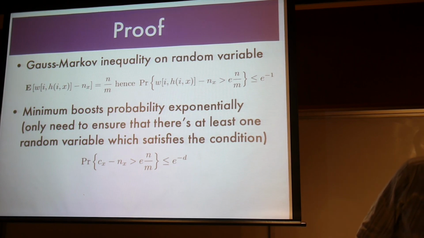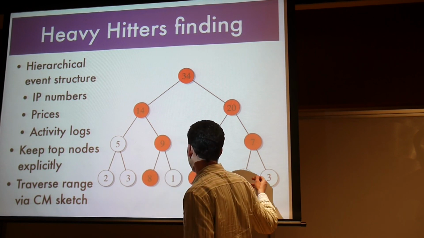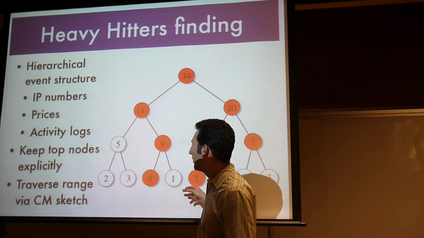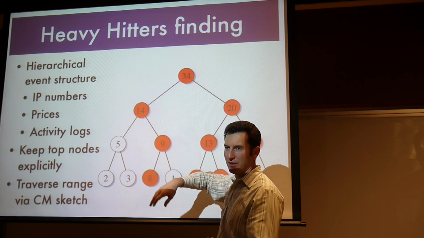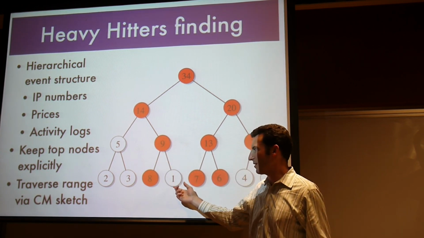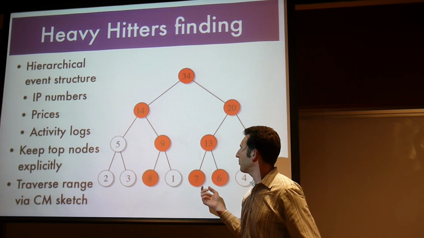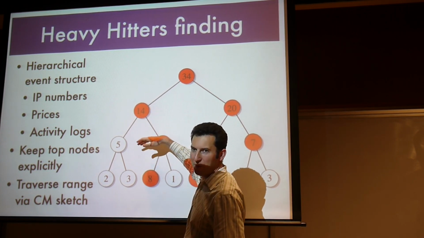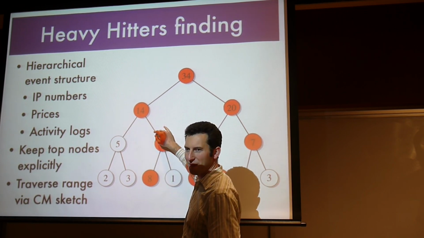So now, what you can do is use this to find heavy hitters. It may not necessarily be the best algorithm for it, so space saving is going to be better. But suppose I have something like IP numbers. Then I could just build a tree of all the IP numbers that I see, and at the bottom I get those ranges. It's a good idea, because I don't have very many leaves on top, so maybe for the first 8 to 10 bits of my IP tree, I keep all the counts explicit.